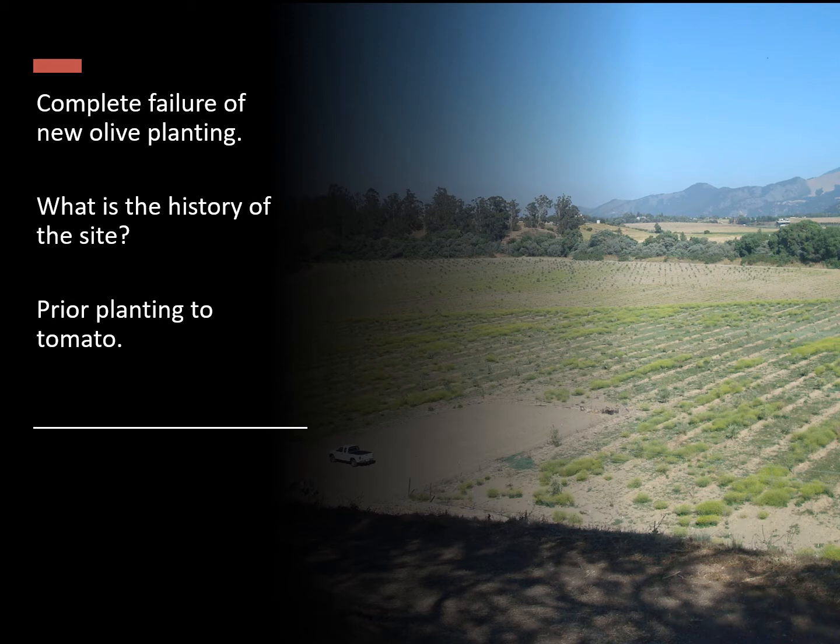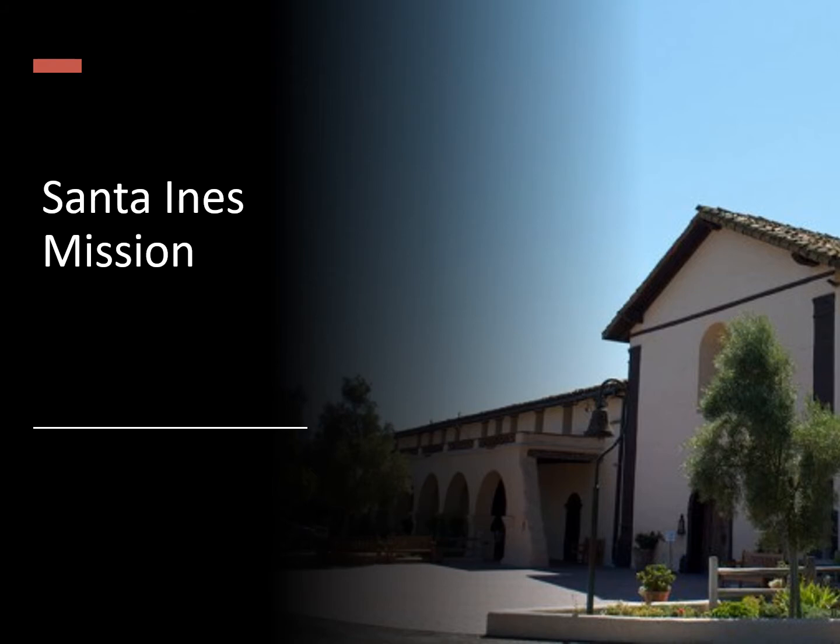And tomatoes are a host of verticillium. And I thought, oh goodness, I bet this is verticillium, because verticillium will survive decades in the soil. So this is the mission. They actually wanted to harvest those olives to produce oil and sell it in their gift store, to contribute towards the upkeep of this historic site.